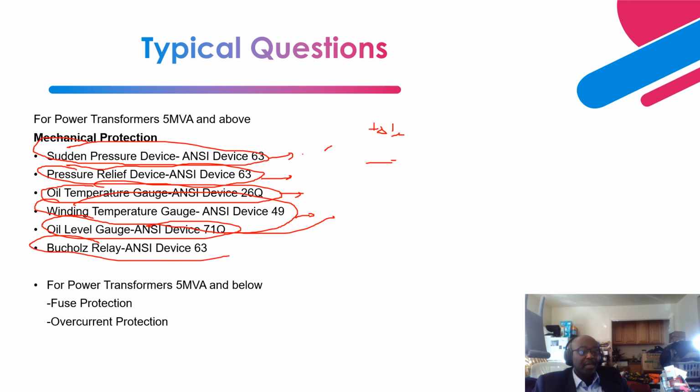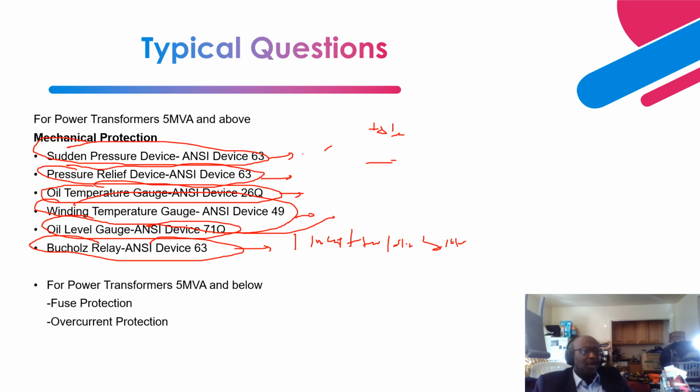Then the Buchholz relay also protects the transformer from incipient faults. A typical example is a turn-to-turn strand fault, broken strands, broken connections. That type might not create enough differential current for the differential relay to see, right? So all these protective relays complement the main differential protection.